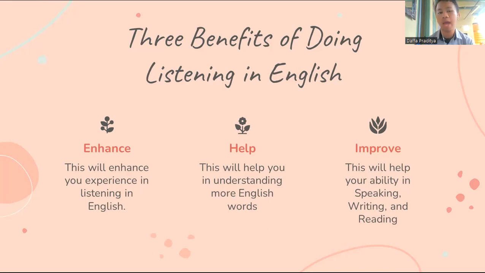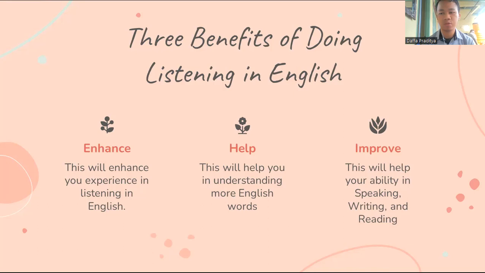If you have become fluent in listening in English, it will help you understand more English words, because when we talk, we just keep talking without thinking about the grammar that we use or the paraphrase of the words in English, and just talk to your friends or in front of people like this.